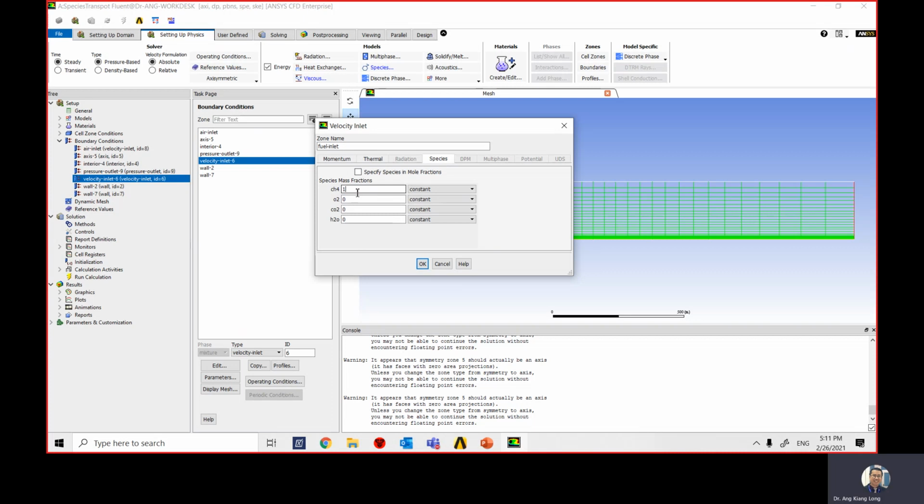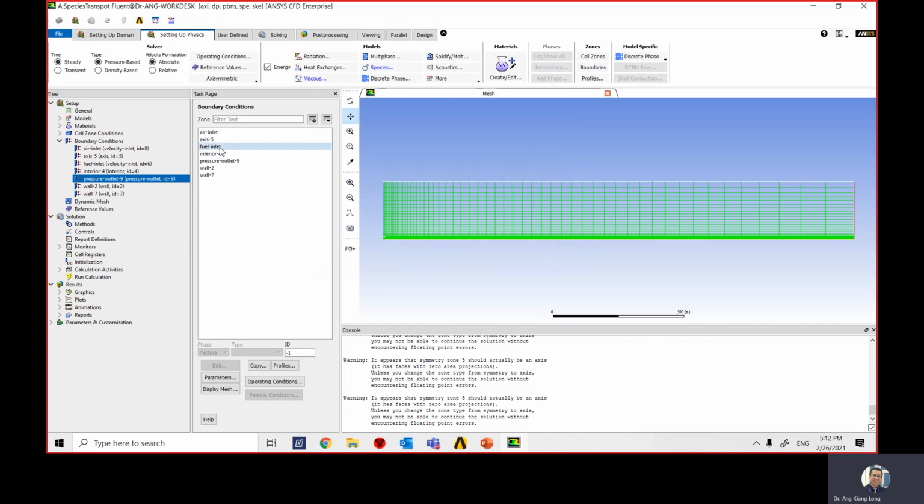Just now you input the oxygen in the air as 23% of the atmosphere, so that's why you put 0.23 just now. In this case, for the fuel inlet you have 100% methane, so you put 1 there. The rest is 0. After that, we'll click OK. We have our fuel inlet already.